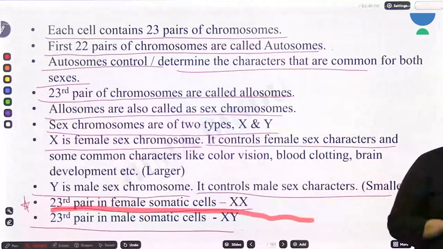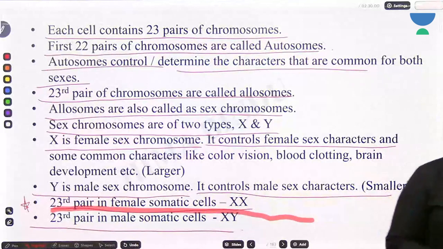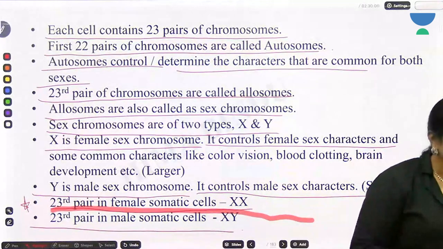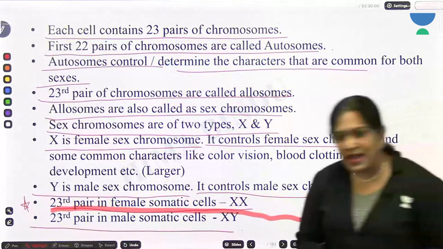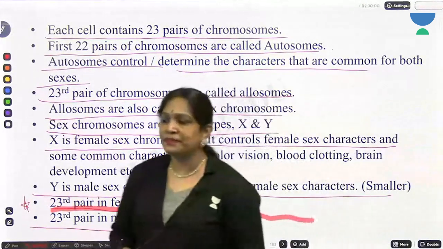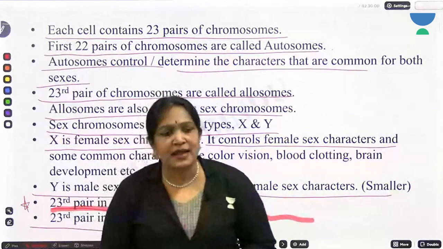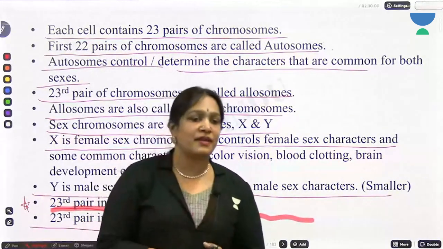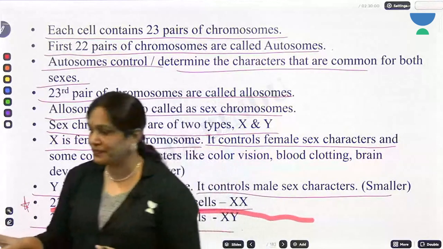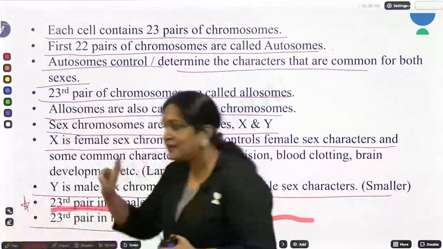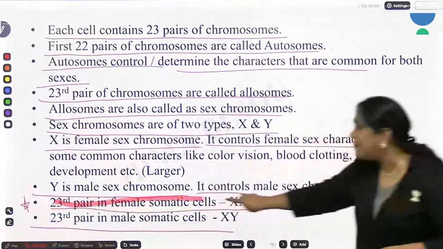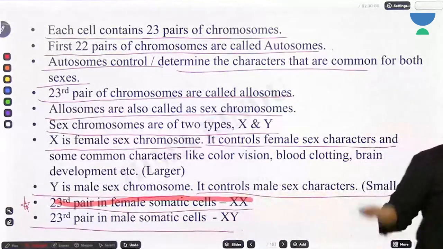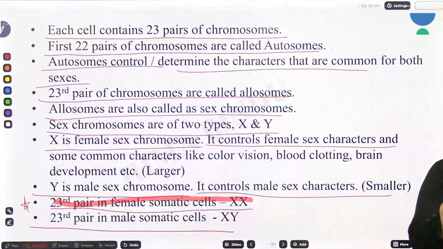So only the 23rd pair is XX. Then what is the 22nd pair? Neither X nor Y. What is the name of the 22nd pair? Just the 22nd pair. There is no other name. Simple logic. If the 22nd pair were also XX, why would I write that the 23rd pair in females is XX? So here only the 23rd pair is XX.